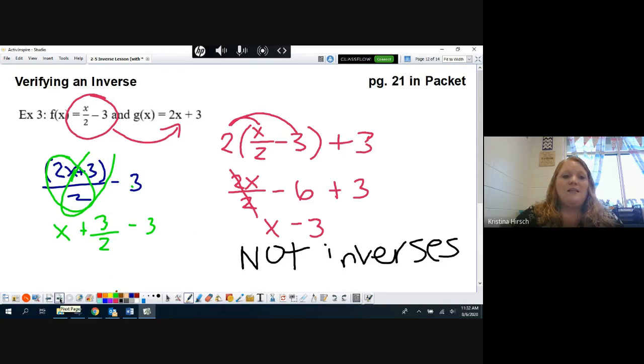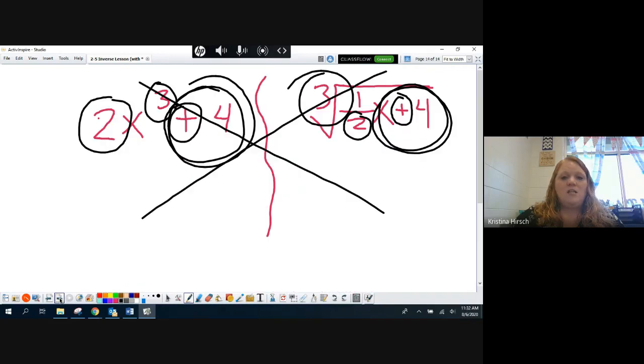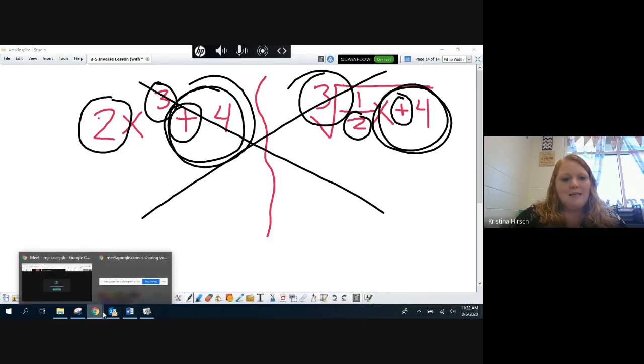However, if they didn't have those inverse operations, then that's a quick way for me to figure out that they're definitely not. Okay, so just kind of food for thought, and we'll talk more about that in our class. So that is how you verify inverses, and that is it for this. So let me stop sharing, and then you have some practice to do on your own.